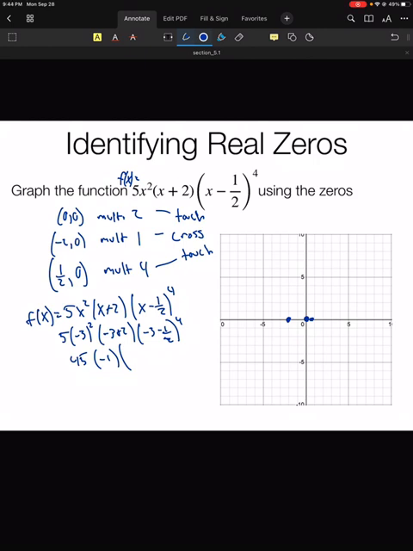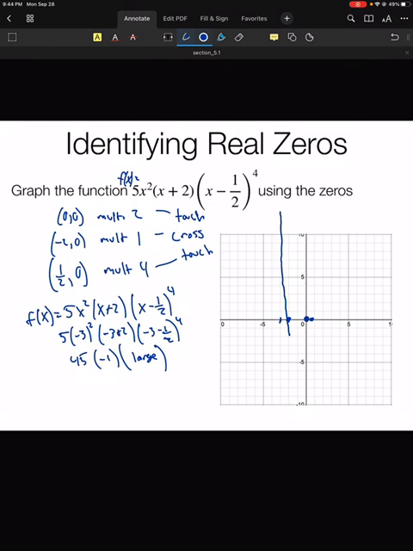Raised to the 4th power is going to be some large number, and when I multiply these together, I'm going to get an even bigger number. That's just at negative 3.